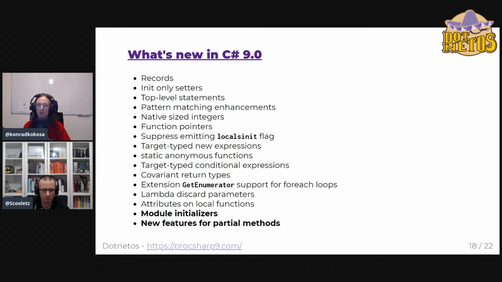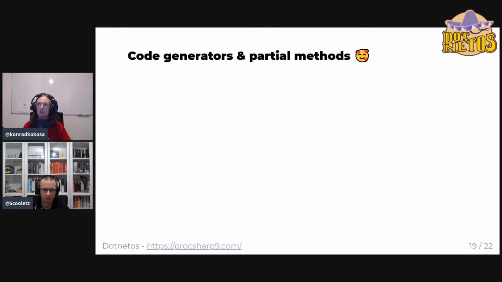So skipping and jumping from the lowest of the low parts of the C# language, let's move to the high part, which will be about those features which are related to code generators. So why do I perceive all this stuff related to code generators as an important thing, those features that have been added?